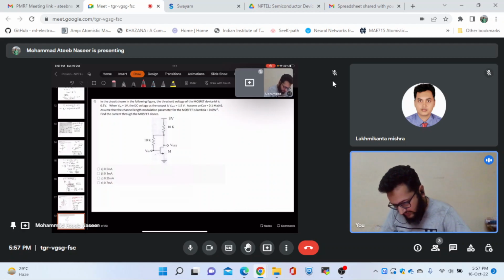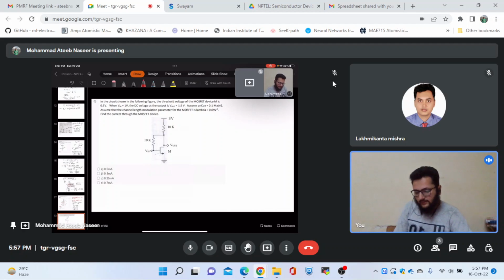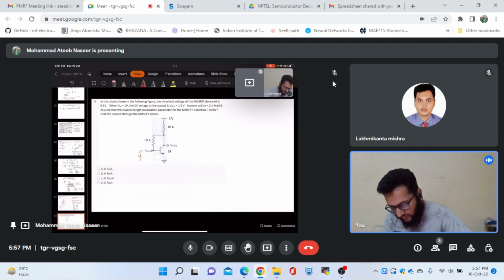Now let's move towards another problem. It says that in this circuit, which is in this figure, we have to find out the threshold voltage of the MOSFET, which is given to be equal to 0.5, and this input voltage Vin over here is given to be equal to 1 volt, and this DC output voltage is given to be equal to 1.5 volts.